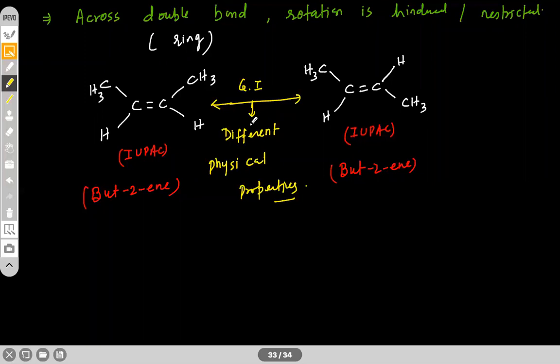So what do we do to resolve this? We have given a term here, so that we can easily understand which compound is given and what is the name of that compound.